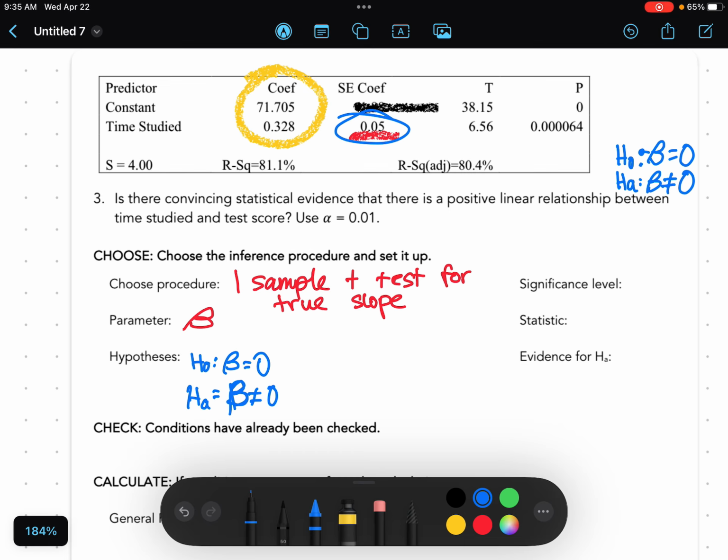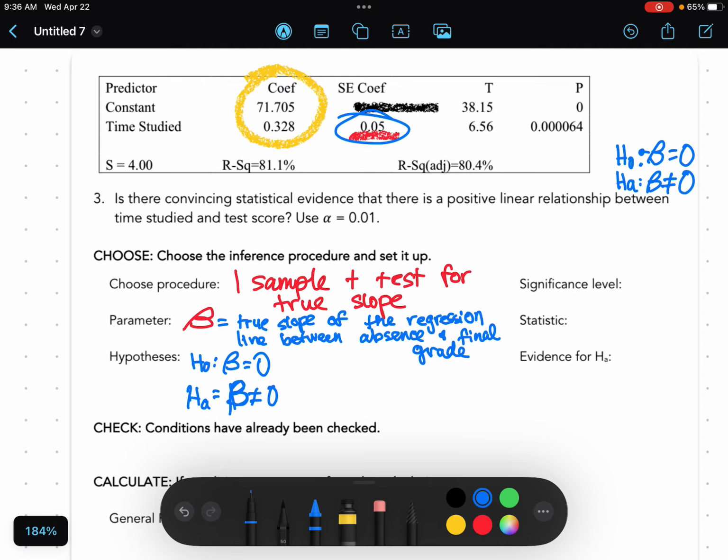And I should define beta. Beta is the true slope of the regression line between, in this case, absences and final grade.